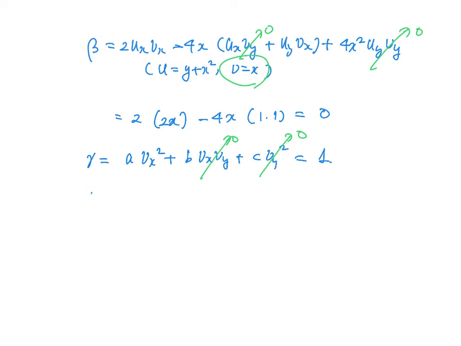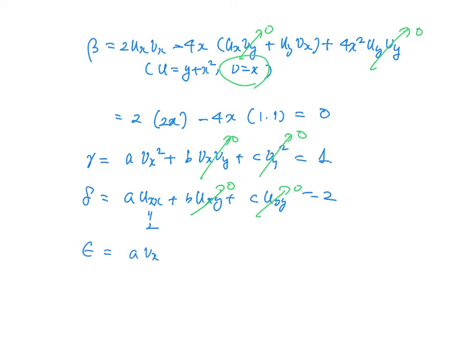Delta is a u_xx plus b u_xy plus c u_yy. Obviously, this is 0, this is 0, and this is 2. So delta is 2, right? Epsilon is a v_xx plus b v_xy plus c v_yy. Everything is 0. So the PDE becomes something like that.